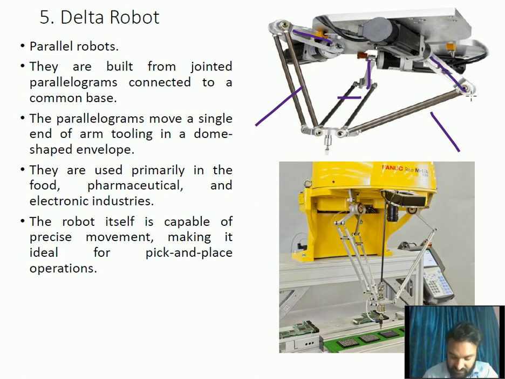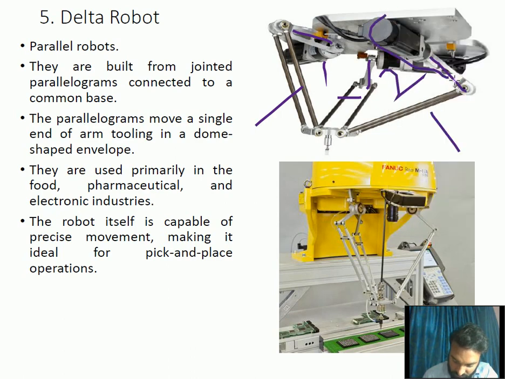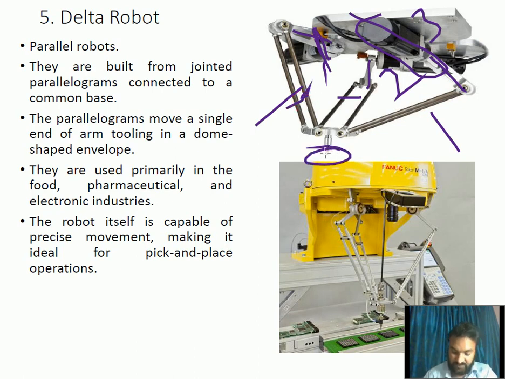Each link is connected with motor 1, motor 2, and this one is motor 3. This motor drives this link, that is a powered link, and then the powered link drives this link, and the position of the end effector is adjusted as per the command. These three servo motors drive independently.